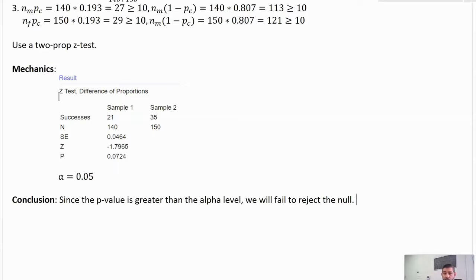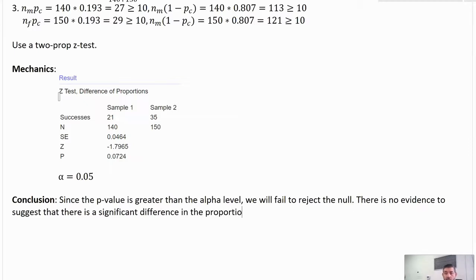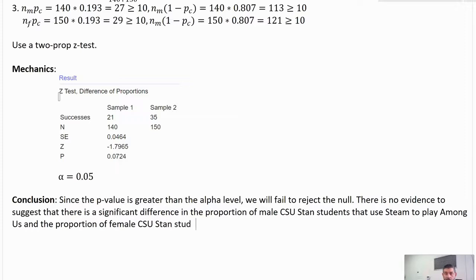This means that there is no evidence, or not enough evidence, to suggest that there is a significant difference in the proportion of male CSU Stan students that use Steam to play Among Us and the proportion of female students that use Steam to play Among Us.